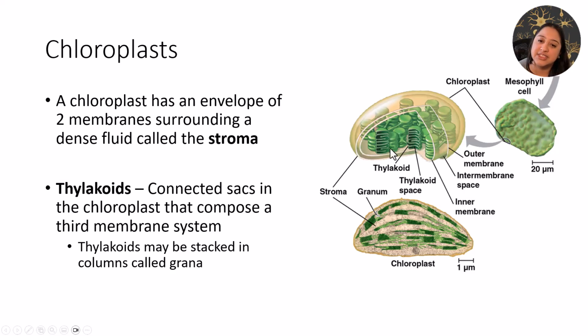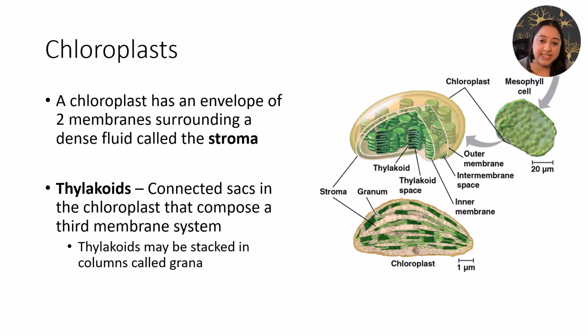Some of them, like in this example, are connected pancakes. Maybe that's a bad example. But this is like a connected sac. And then this is the next one, and then this is the next one. So each one of these is called a thylakoid. And so they have their own membrane. They're like a third membrane.